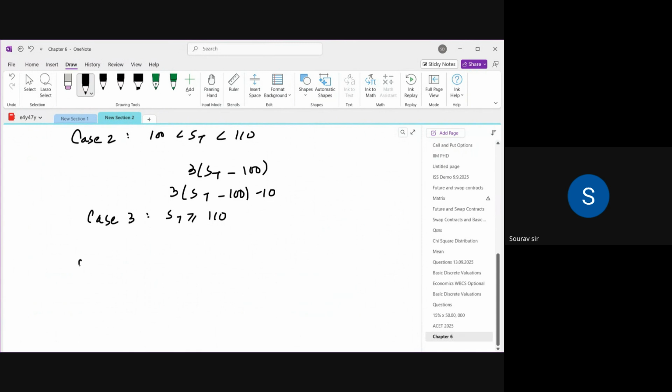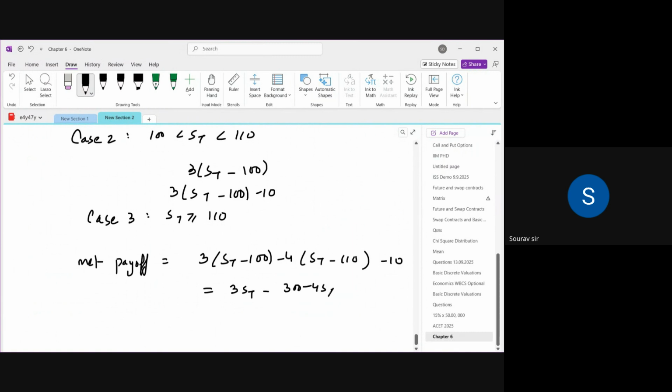So what is the net payoff then? 3(ST minus 100) minus 4(ST minus 110) minus 10. That is 3ST minus 300 minus 4ST plus 440 minus 10, which is minus ST plus 130. So payoff summary: ST less than or equal to 100, payoff minus 10. Between 100 and 110, it rises linearly and then declines linearly.